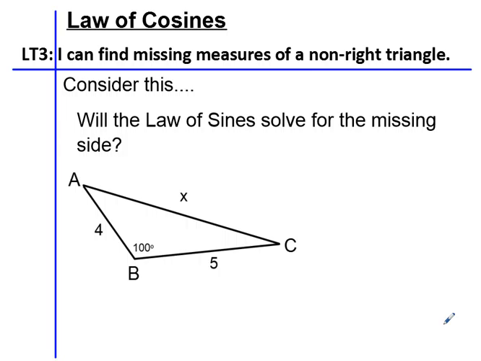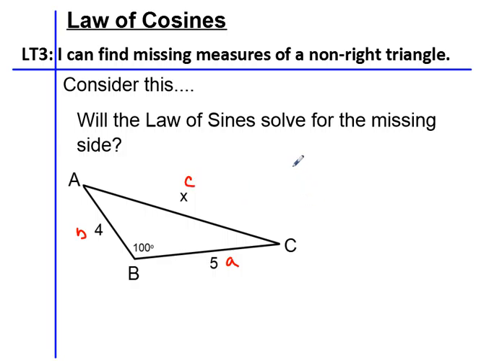If we take a look at this new situation, will the law of sines solve for the missing side, this x? We have an a side, and we also have a B side, but we do not have the C side.